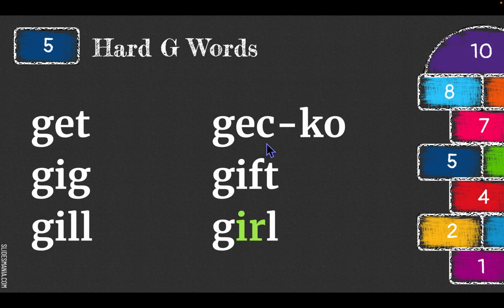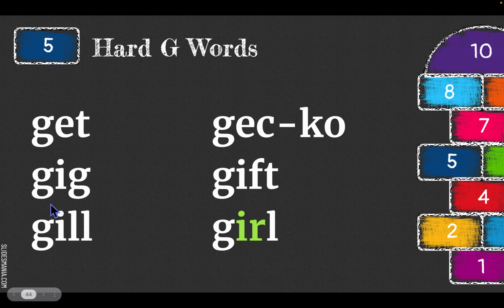G, eck, o. Remember, when a syllable ends in a vowel, we try the vowel's long sound first. And we've been practicing that with our nonsense syllables. Gecko, gecko. A gecko is a type of lizard.